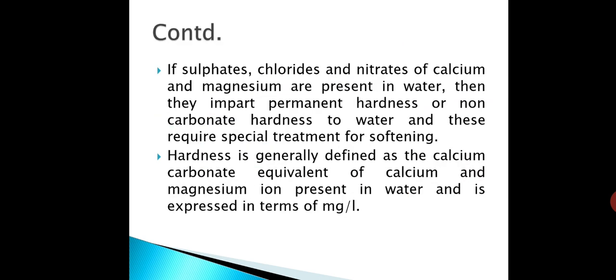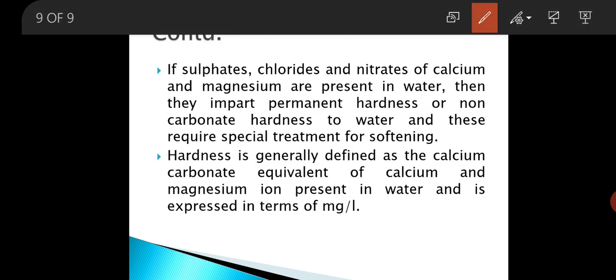The next type of hardness is permanent or non-carbonate hardness, and this is due to the presence of sulfates, chlorides and nitrates of calcium and magnesium in water, and this cannot be removed by simple boiling. These require special treatment for softening.